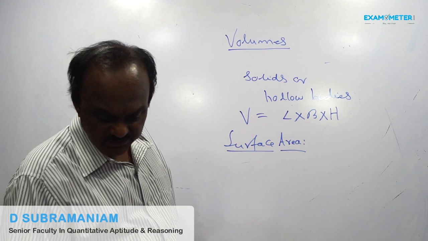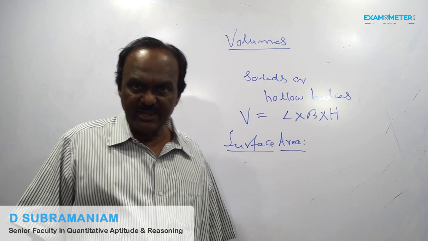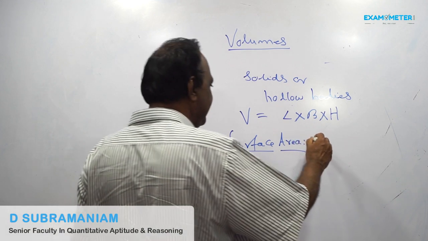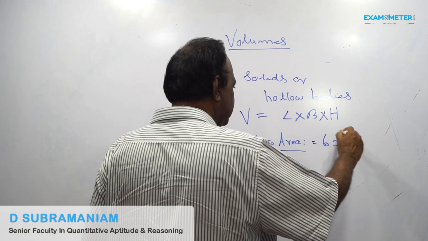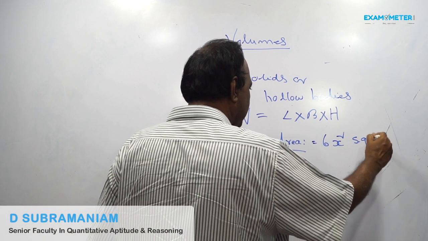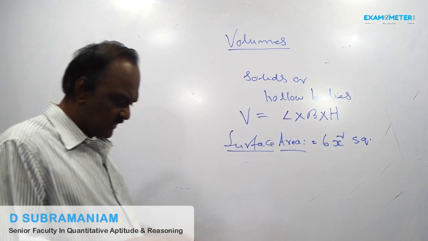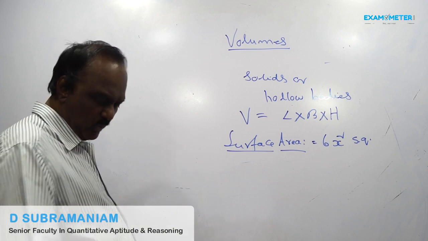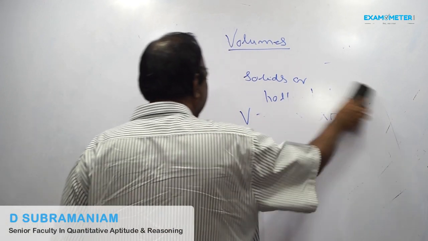For a cube, surface area is equal to 6 into x square units.